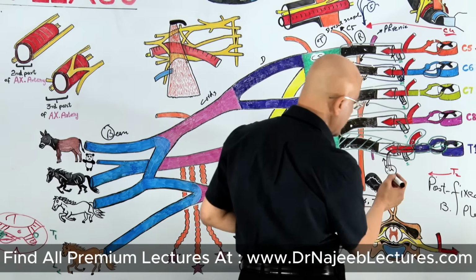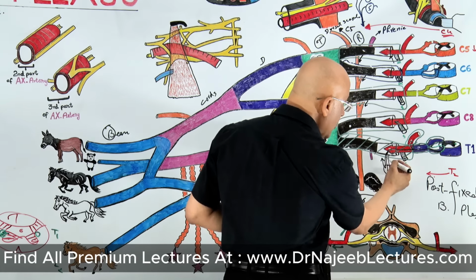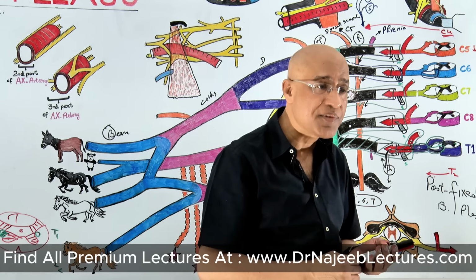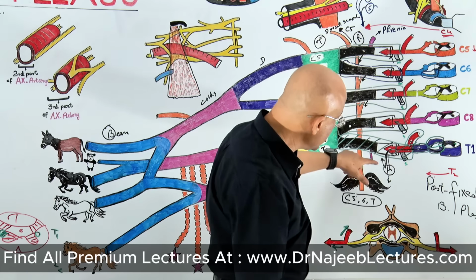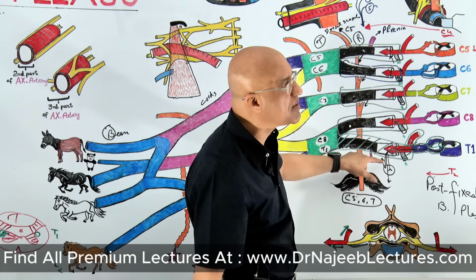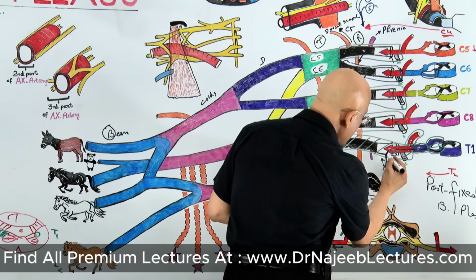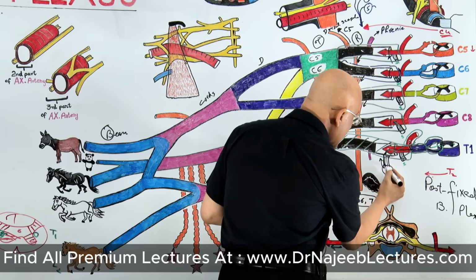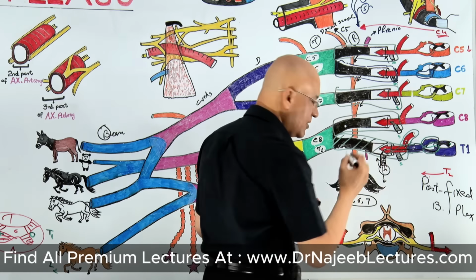But what I am trying to say is that T1 has this special outflow. What is this outflow? Autonomic outflow, to be more specific, sympathetic motor outflow. These fibers are significantly myelinated. So this connection between the ventral ramus and the ganglion is called the white ramus.